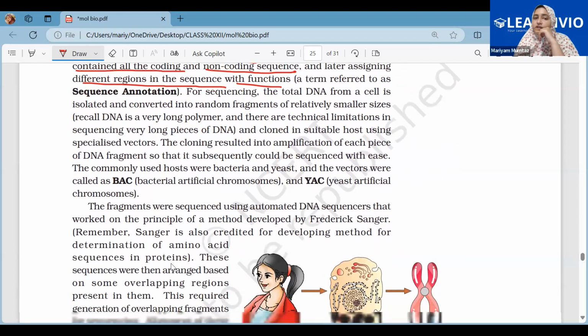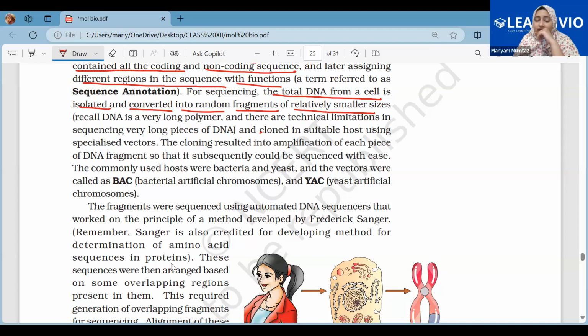Now, what happened for the sequencing process? The total DNA from a cell is isolated and converted into random fragments of relatively smaller sizes. Okay, why? Because DNA is a very, very long polymer. It is like 2 meters long. So the technical limitations are there. So that is why they have to be broken into certain fragments.